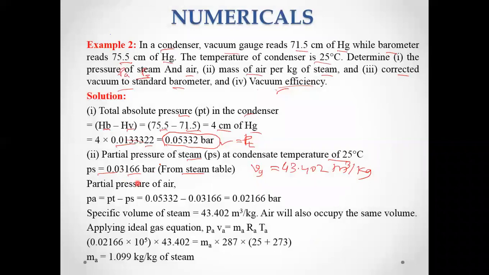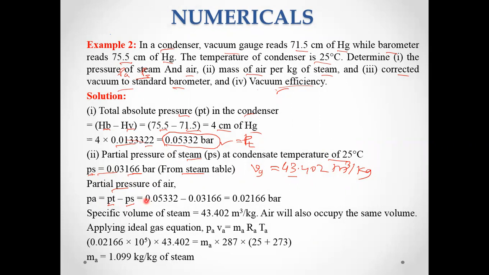Okay, after taking these two values, that is pressure and specific volume 43.402, so this is now PS, that is saturation pressure of steam. Suffix S refers to steam. Then partial pressure of air will be equal to what? Total pressure of condenser minus partial pressure of steam.